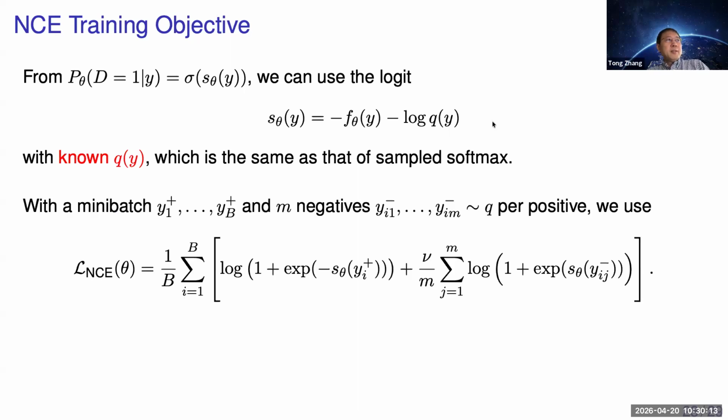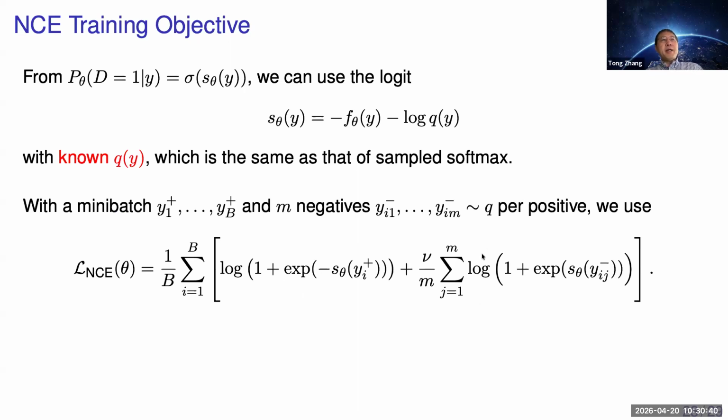Now what you can do is the following. This one is just mimicking sampled softmax. This is one positive example, and you can draw m negative examples, just like sampled softmax. But instead of treating that with the softmax as a whole, you treat it as binary classification.